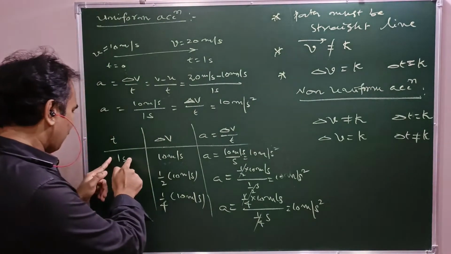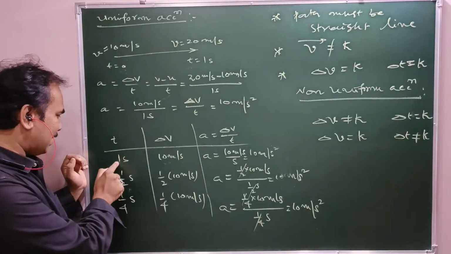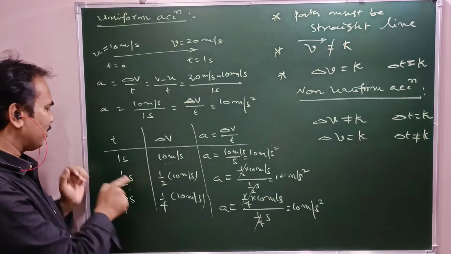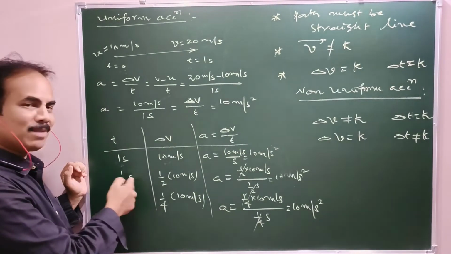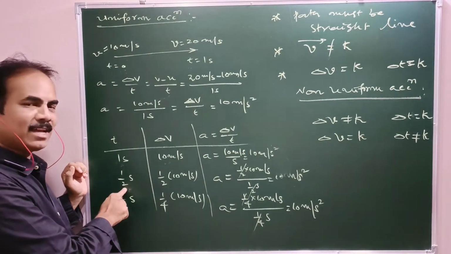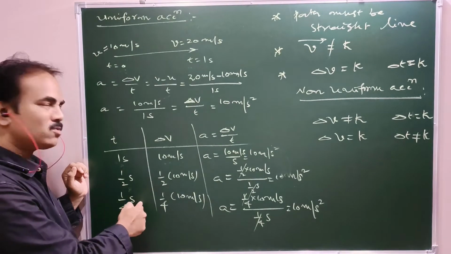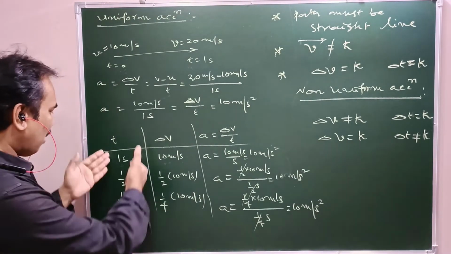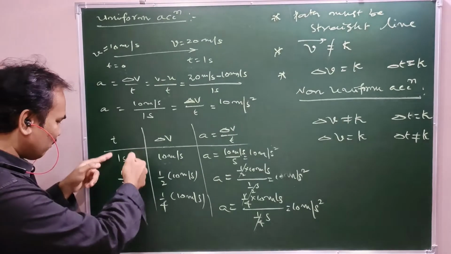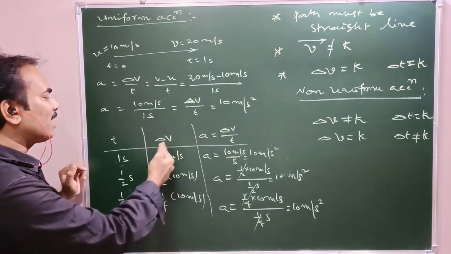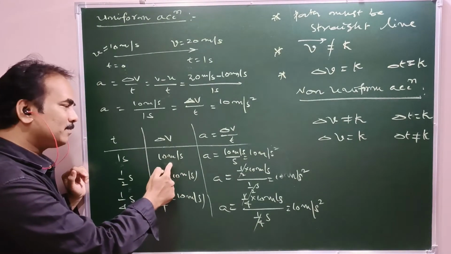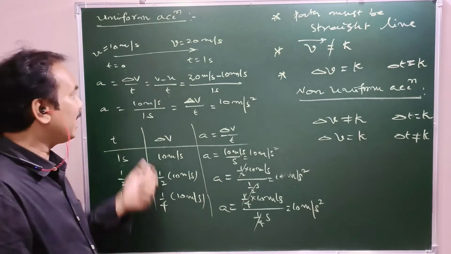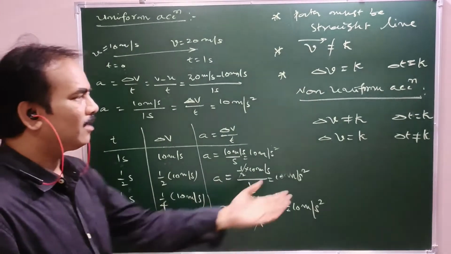See, however small these time intervals are. Suppose here the time interval is reducing from 1 second to half second plus half second. Again, each half second divided into 1/4 second plus 1/4 second and so on. So however small these time intervals, if the particle undergoes equal changes in speed in equal intervals of time, then that is uniform acceleration.